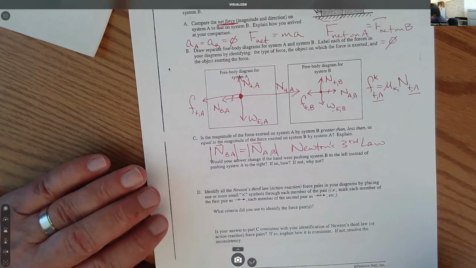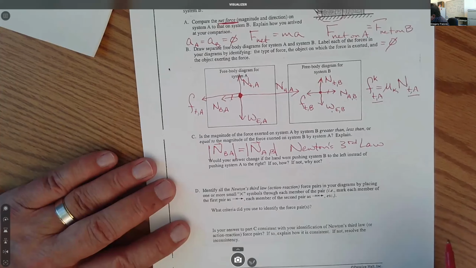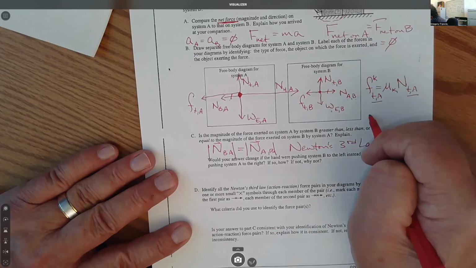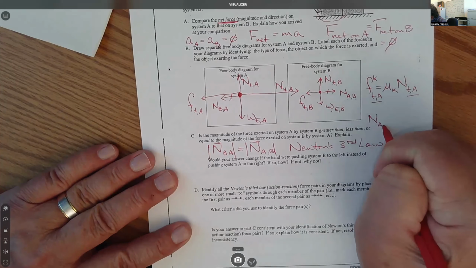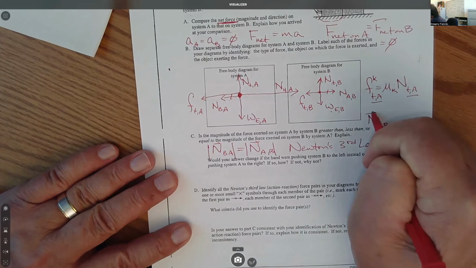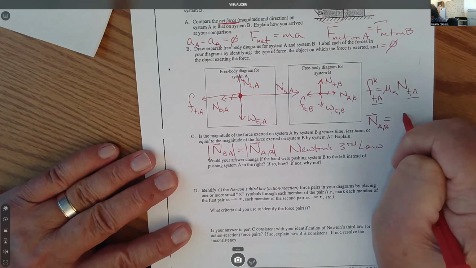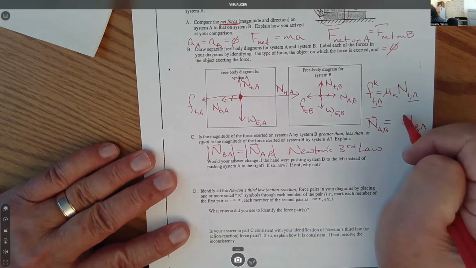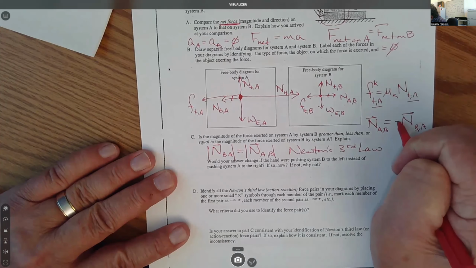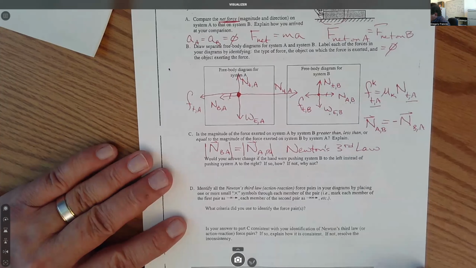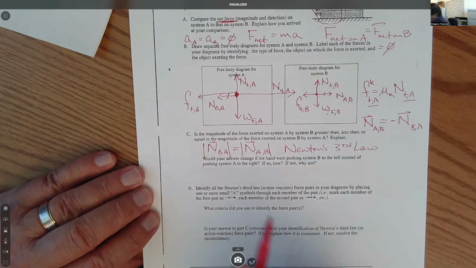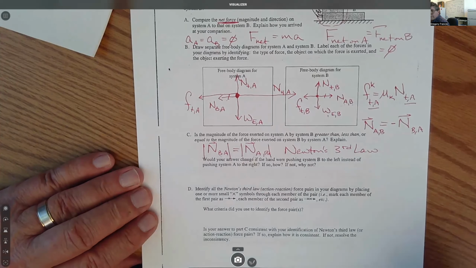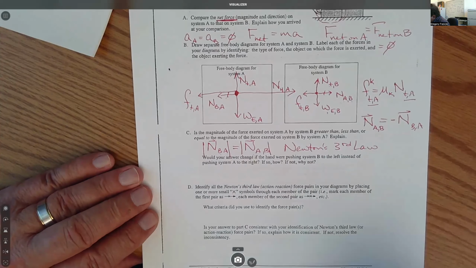Now, if I were comparing the forces instead of the magnitudes of the forces, I would write it as the normal by A on B is equal to the normal by B on A with a minus sign. That minus sign means that they are in opposite directions. But here I'm just saying that the magnitudes are the same. The directions are opposite.